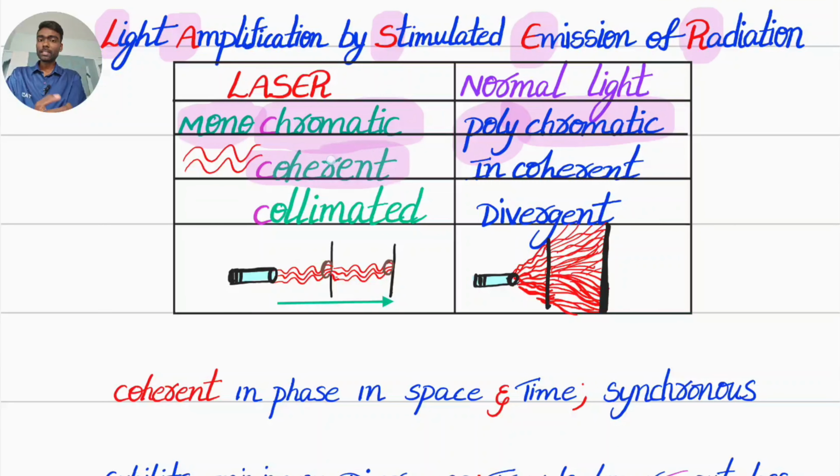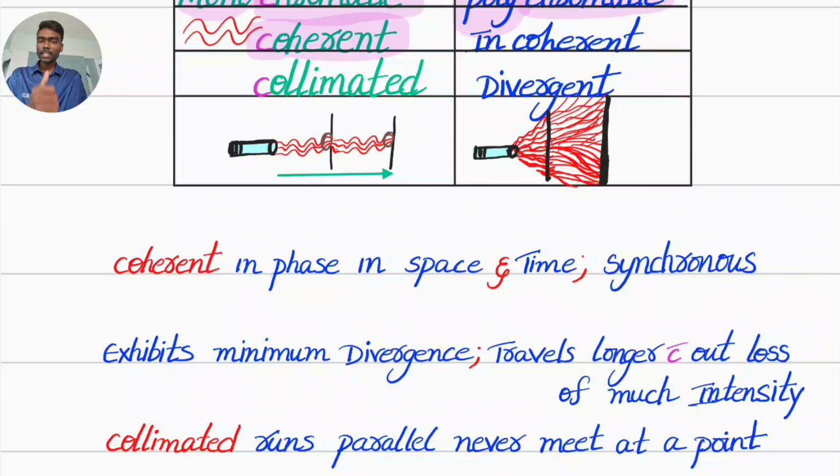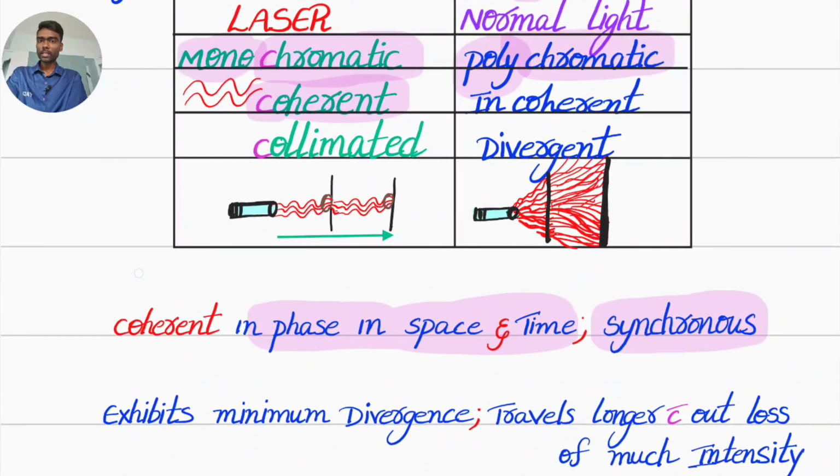Laser light is coherent. What is meant by coherence? Laser light is in phase, in space and time, and is synchronous. Here you can clearly see that if one laser light wave is at a peak, all the others are also at a peak, which means they are in sync with each other, at the same time and in the same space: peak, then trough, then peak.